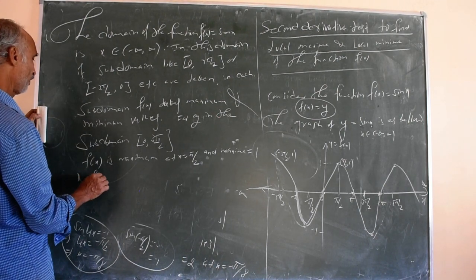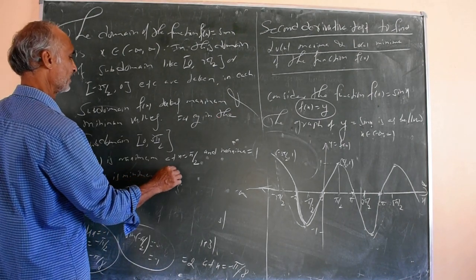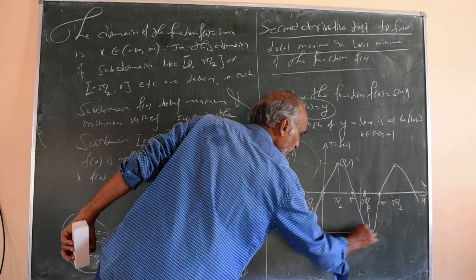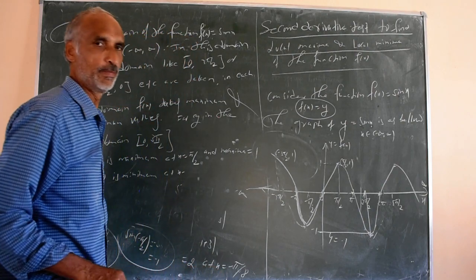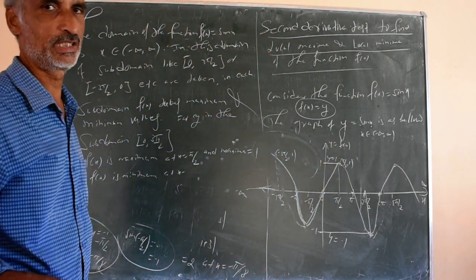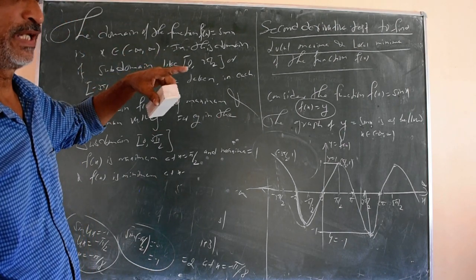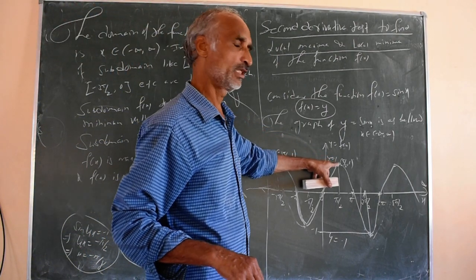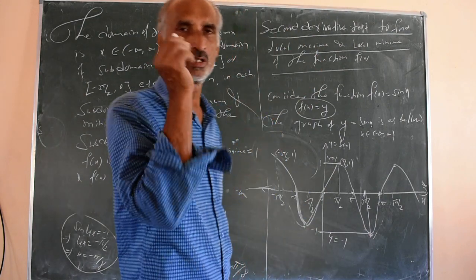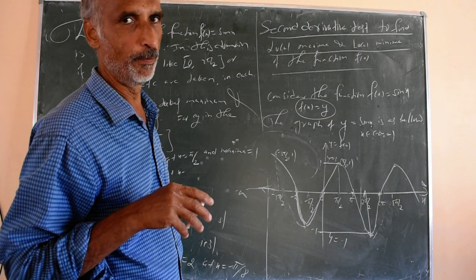And f of x is minimum at x is equal to, look at the graph, at x is equal to minus pi by 2, it is minus 1, y is minus 1, okay, minimum value. At x is equal to pi by 2, y is equal to 1, maximum. 1 is maximum and minus 1 is minimum. At the peak point, the crest point, the curve is maximum, at the trough point, the curve is minimum, our function is at minimum.